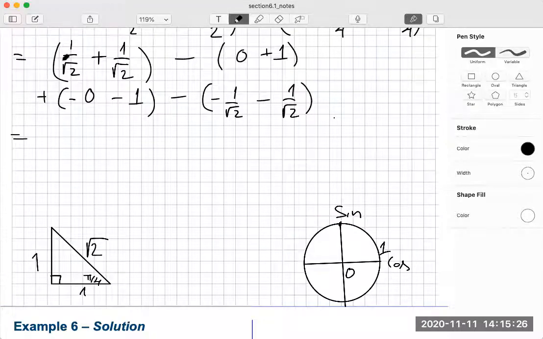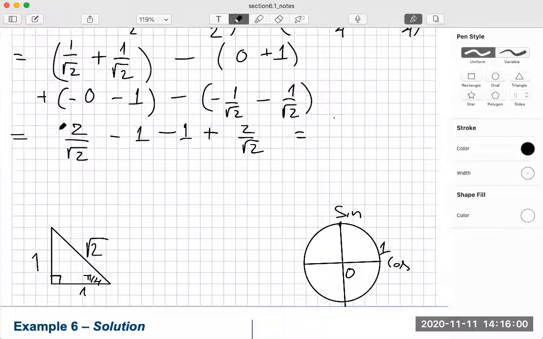So the first sums give us 2 over square root of 2, right? This guy is negative 1. This guy is negative 1, right? And this guy is negative of negative 2 over square root of 2, which, negative of negative gives us a positive, right?